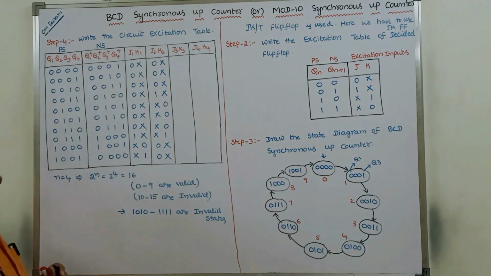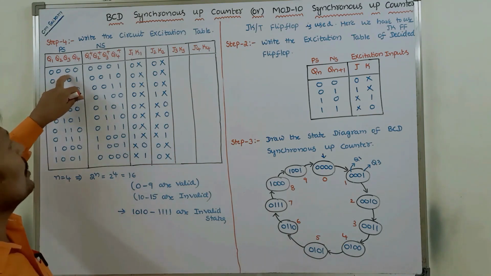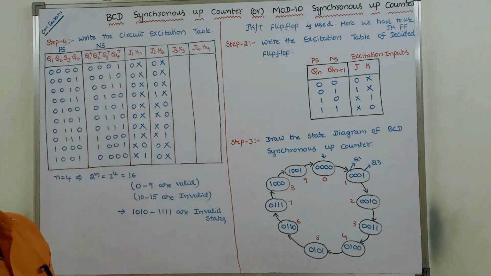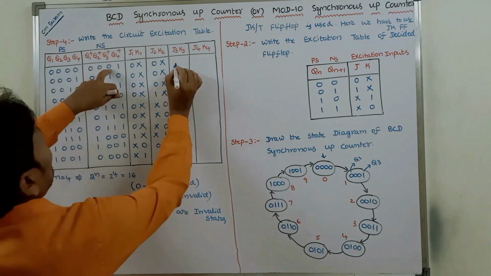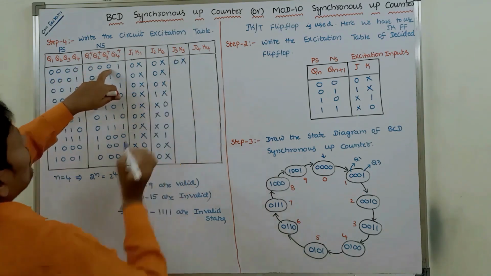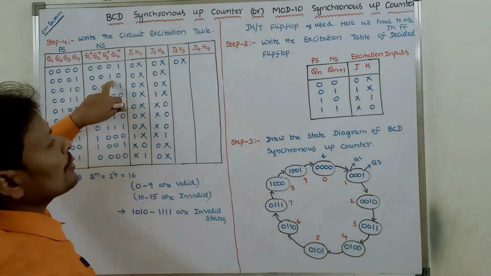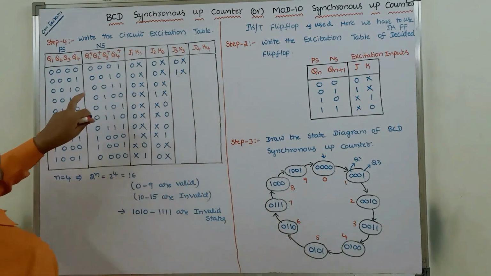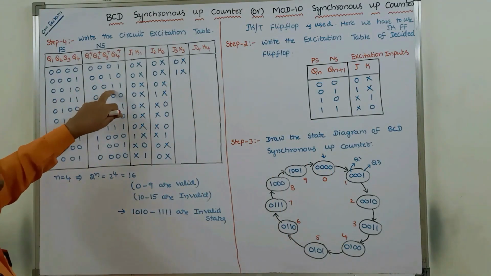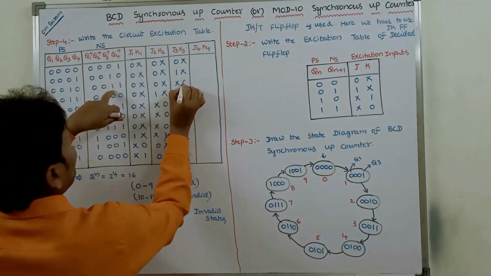Next, for filling out the J3, K3 column, we have to consider Q3, Q3 plus as inputs. Q3 value is 0, Q3 plus value is 0, 0, don't care. Q3 value is 0, Q3 plus value is 1, 1, don't care. Q3 value is 1, Q3 plus value is 1, don't care, 0.